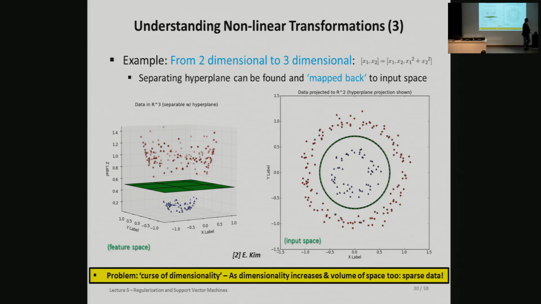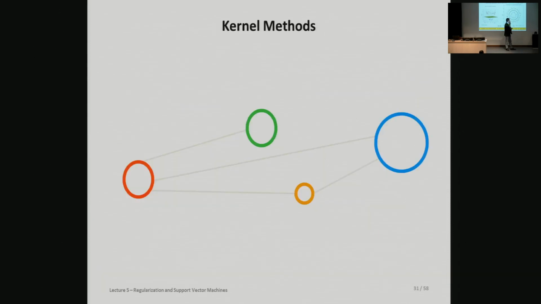If you think about each of the points getting its own dimension, you can always do that with an interesting formula, x1, x2, up to xd, wherever your problem is. Then you have a very sparse space, where you can divide them perfectly, but the generalization to the next points will not be very good.